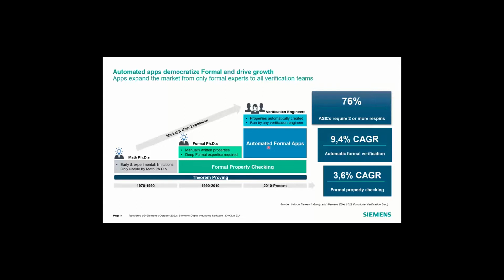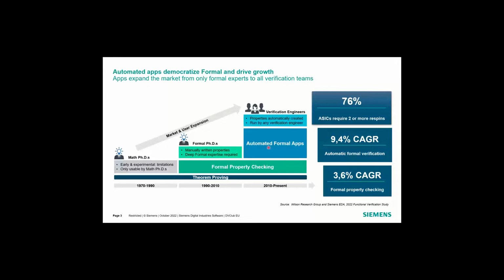However, what's driving a wide adoption of formal technology over the last 10 years are the advent of automated formal apps. So these are essentially apps within your formal property checking tools that alleviate the need for writing the assertions in the first place.